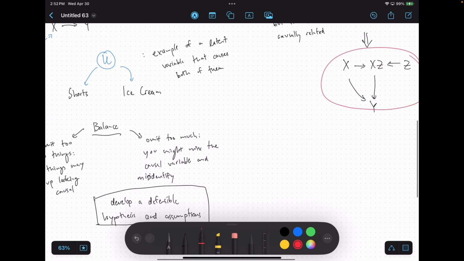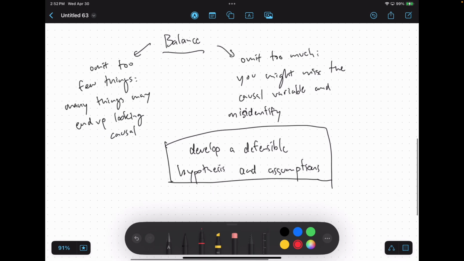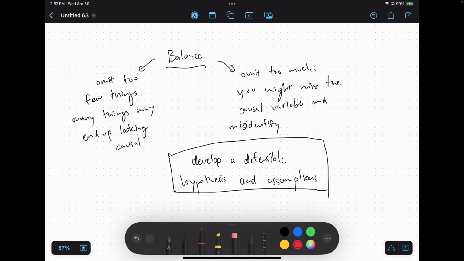I had this caution about balance and developing a defensible hypothesis and assumptions. Actually, the way that a lot of people start to build a model, like a regression model, is to first build the causal diagram, because that's going to inform how to build the model, and it provides the logic for why you've decided to build the model that way, and it should be more defensible, right?